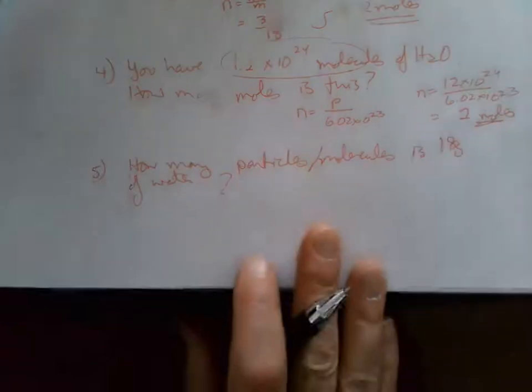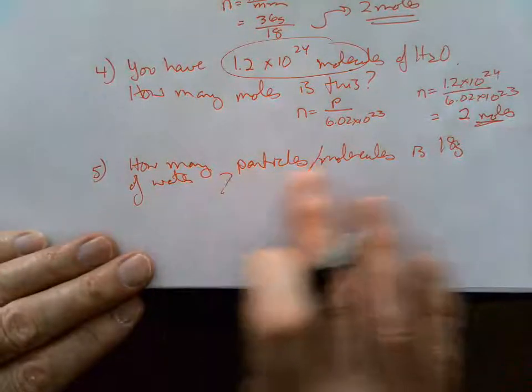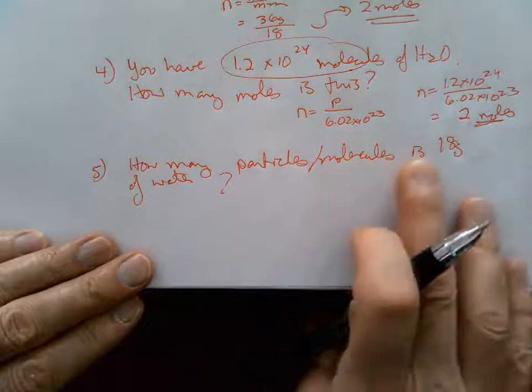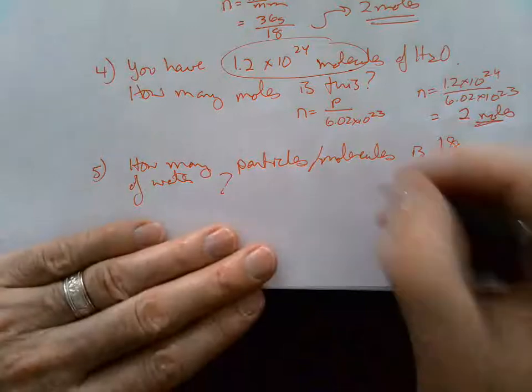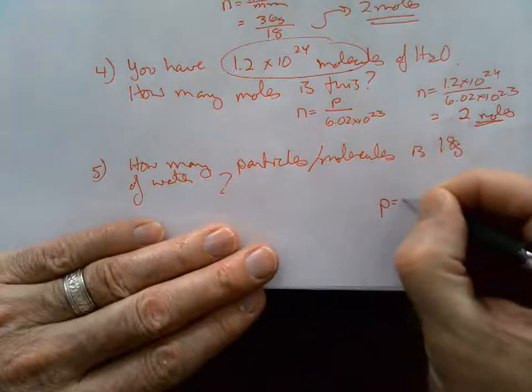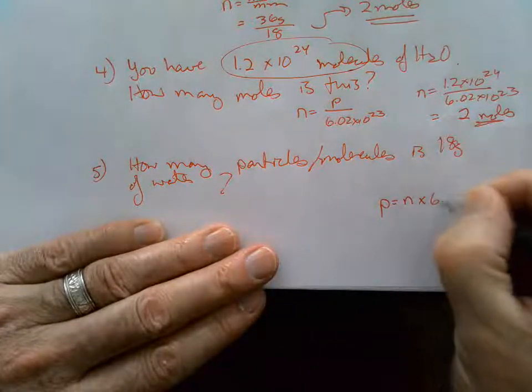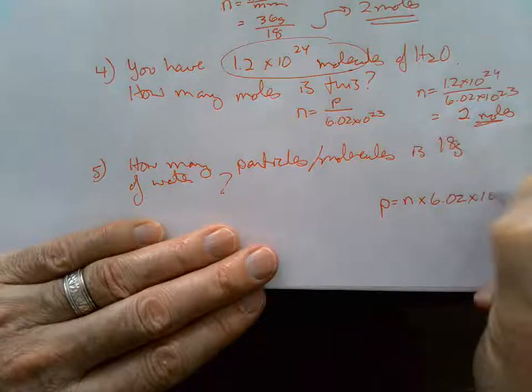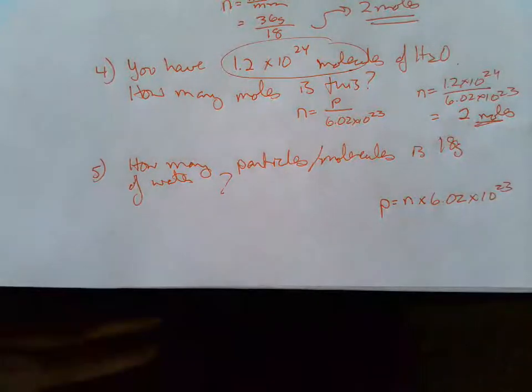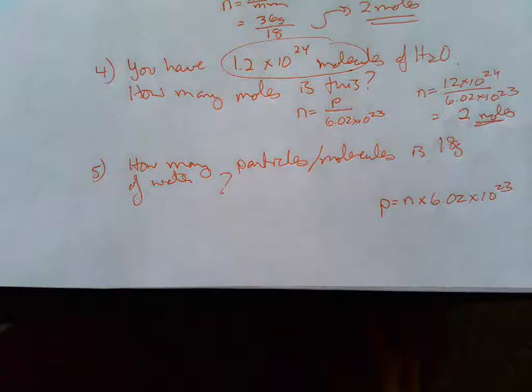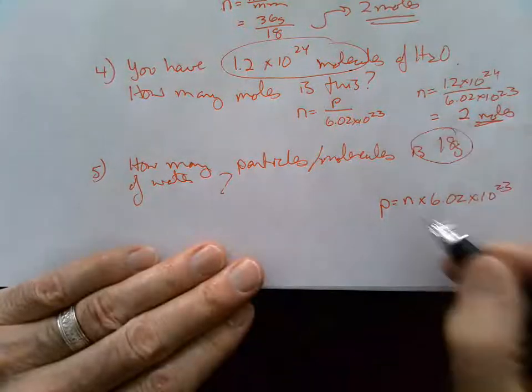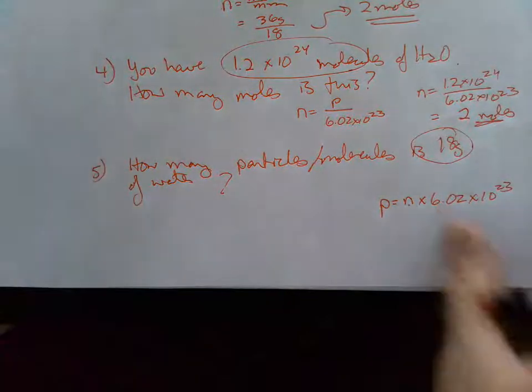Okay, here's the highest level question. It says, how many particles or molecules is 18 grams of water? Well, looks easy. Particles equals moles times 6.02 times 10 to the 23. So far, so good. Here's our issue. They give us grams. There's nowhere to put grams in here.